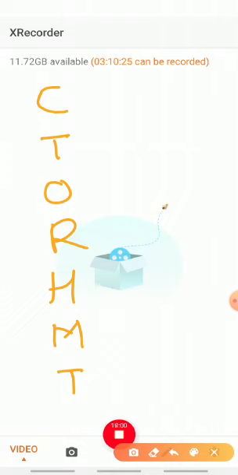R means rhombohedral. H means hexagonal. M means monoclinic, and T means triclinic. So it is C-Tor-HMT. Yes, students, C-Tor-HMT.